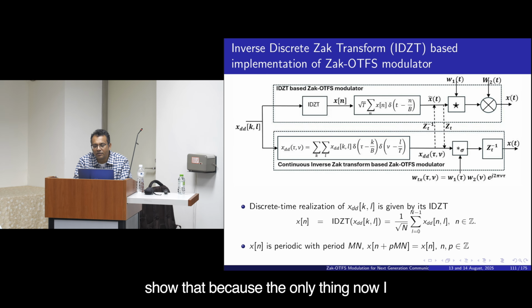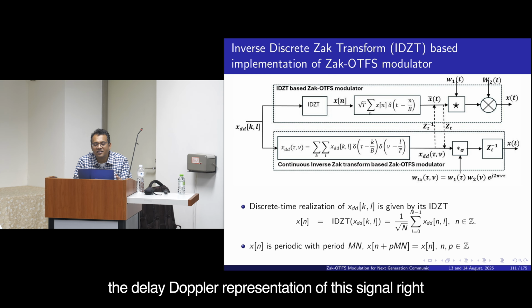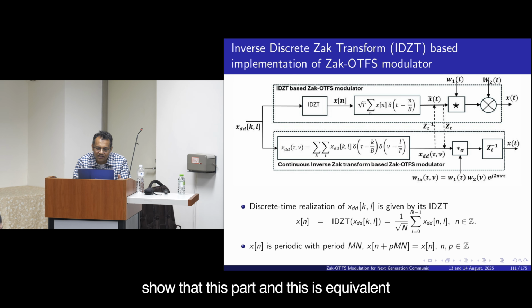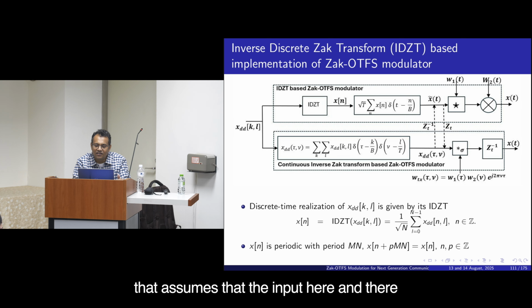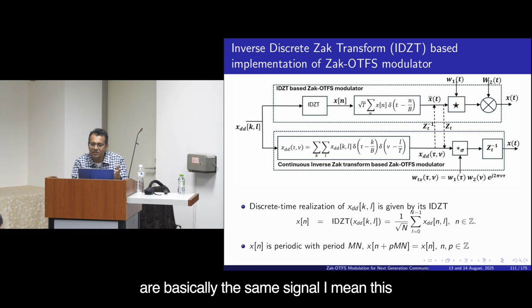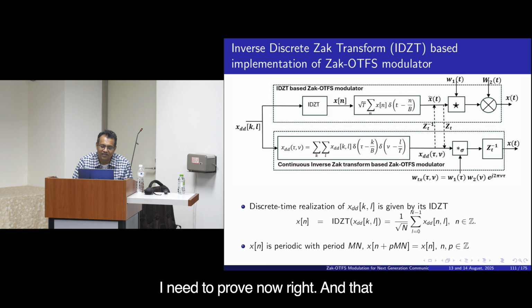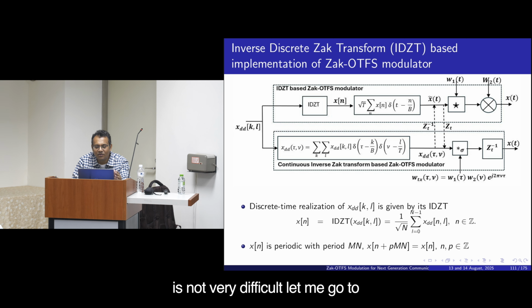The only thing I need to show is that this signal is the delay-Doppler representation of this signal, because if this part and this are to be equivalent, that assumes that the input here and there are basically the same signal. This is the time realization, this is the delay-Doppler realization. So, that is the only part that I need to prove now. And that is not very difficult.